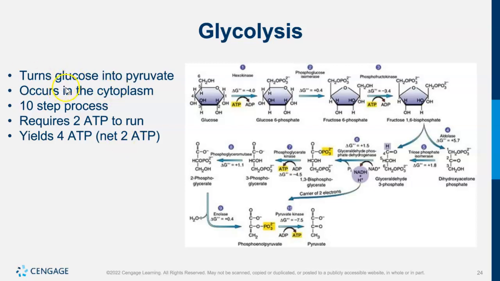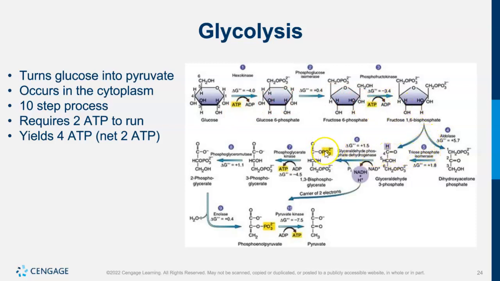It's a 10-step process, and it requires a little bit of energy to occur. Between glucose and glucose 6-phosphate, we have to add ATP in order for this reaction to happen. And then over here, we have to use ATP again. So we need 2 molecules of ATP to make glycolysis happen.